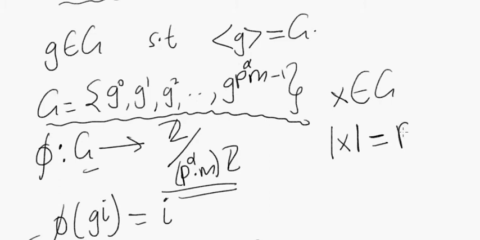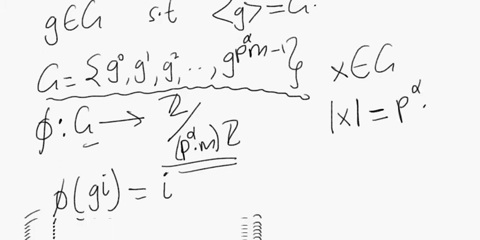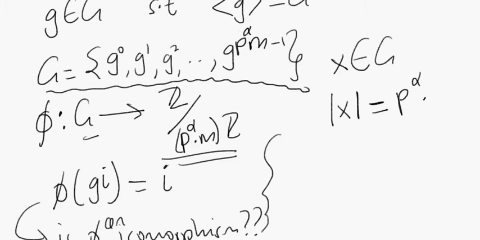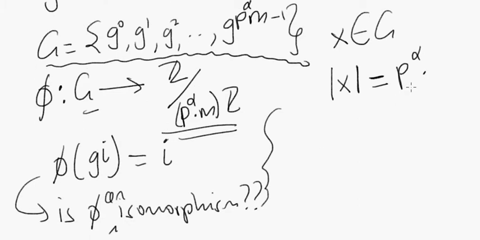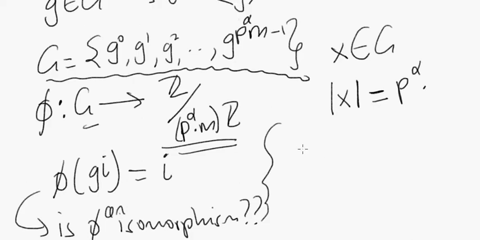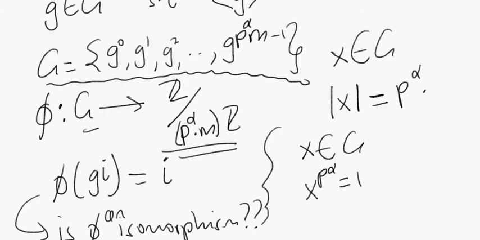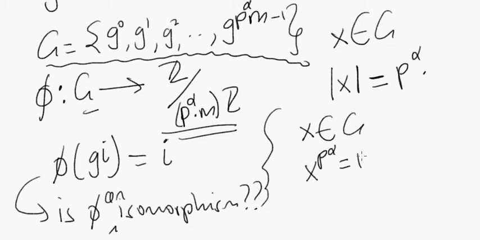Okay. Well, what would it take to show that an element has a given order? Let's see. Suppose we found some X in G such that X to the power P to the alpha equals 1, the identity in this case, and we also found that for all n less than P to the alpha, X to the n does not equal 1.